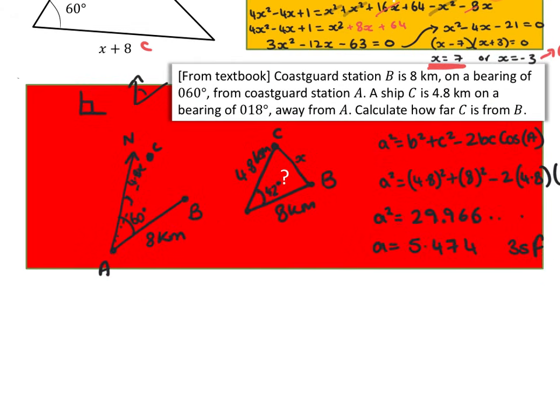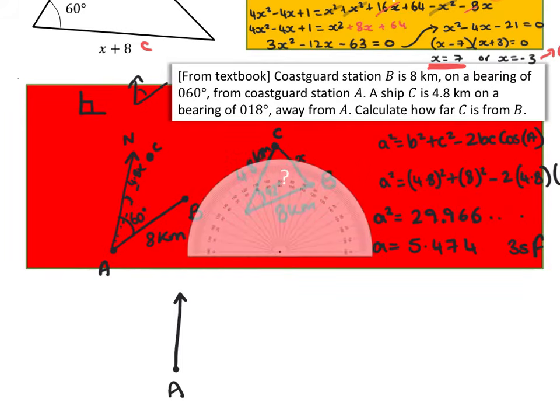What I am going to do is just explain this bearings part again, because I don't think I drew a very good straight line. Right, if A is here, and we have our north line, it says that B is on a bearing of 60 degrees, okay? So what I'm going to do is get out a protractor for us, so that we can actually physically see what's going on.